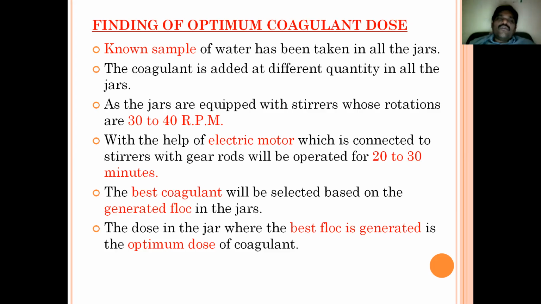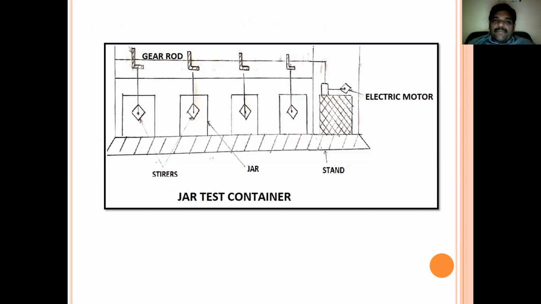For that, we must find out the quantity of coagulant required for that particular water. How can we find out? That is the question here. Simply by adopting this test, the jar test. See, a known sample of water and a known sample of coagulant will be added in each of 4 jars.